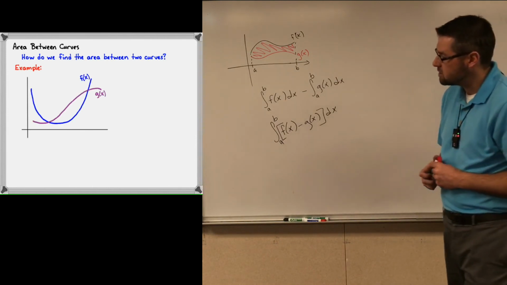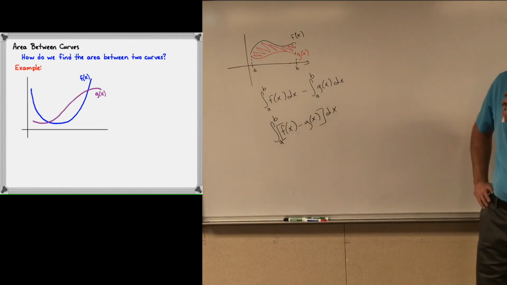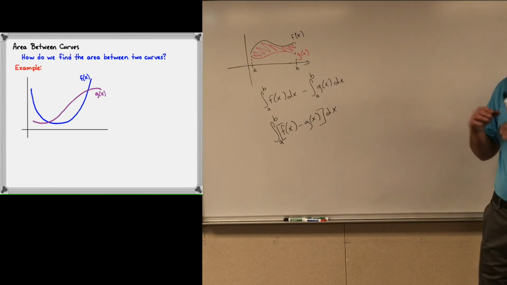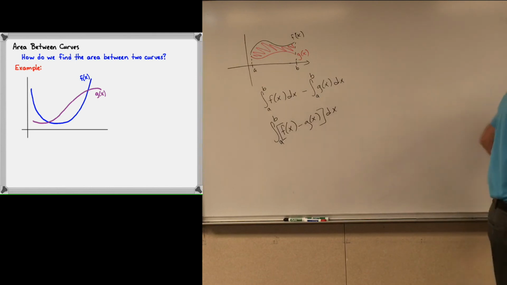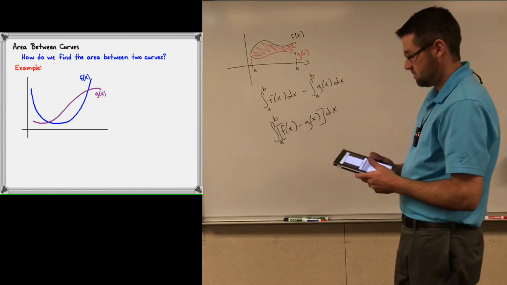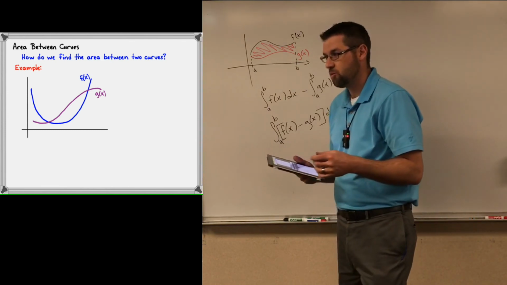So let's take a look at an example here. Same thing. Now what? If I want the area of the region that is between those two curves, what region am I talking about? That's a good description right there. Where does it start? Right.